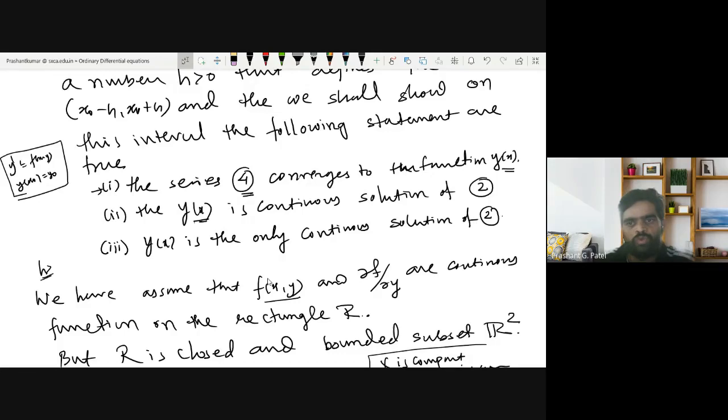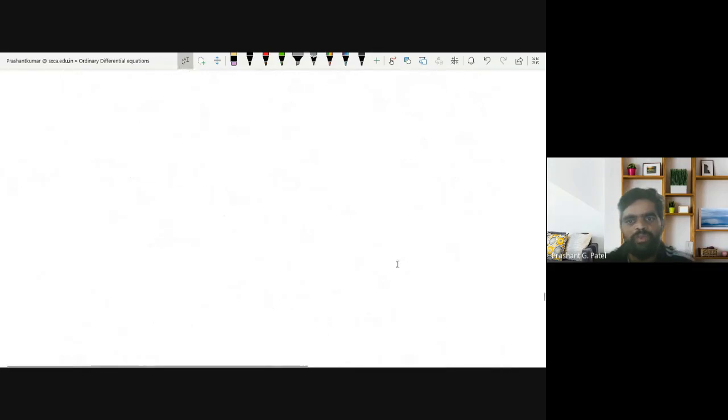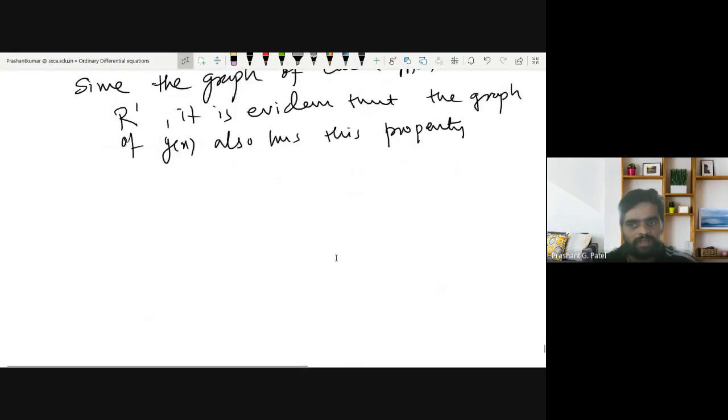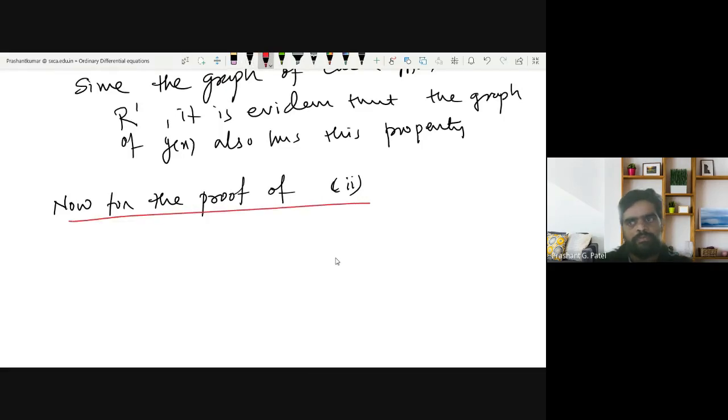So that is, we'll prove the second part, that this y is continuous. So now for the proof of 2, that is, y is continuous.